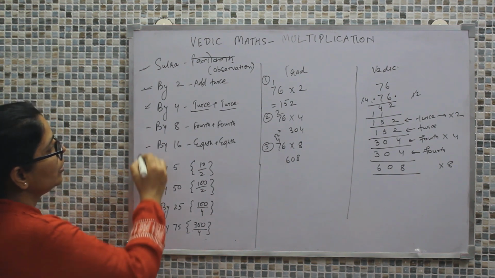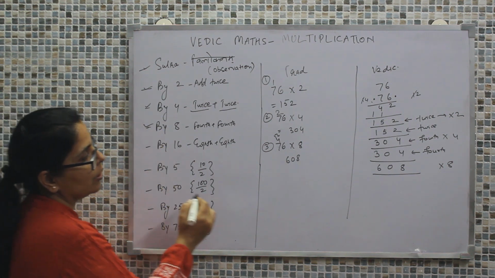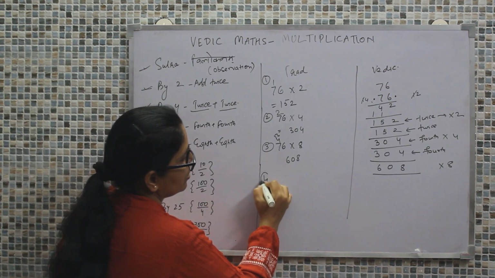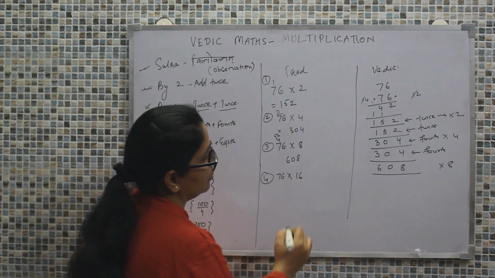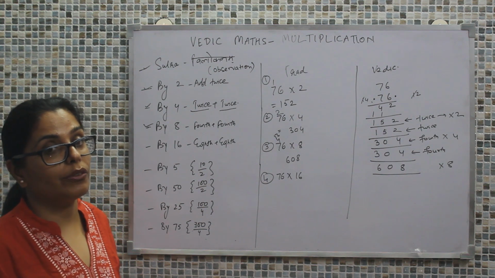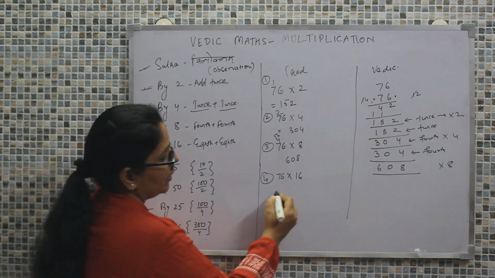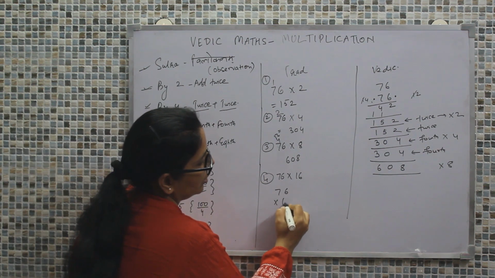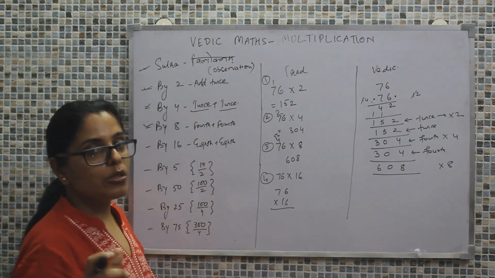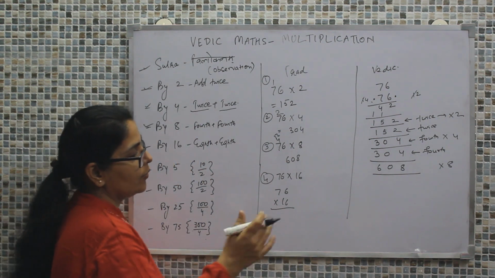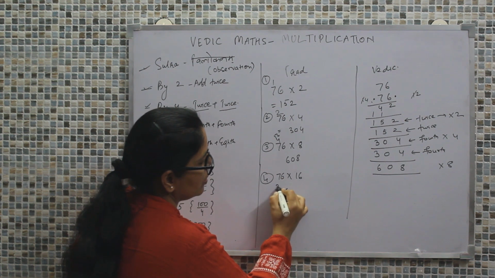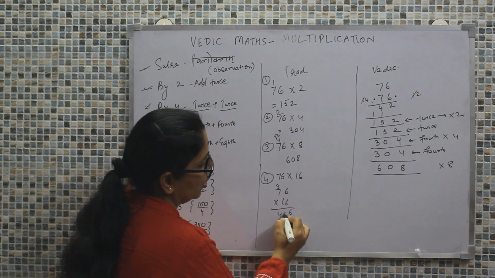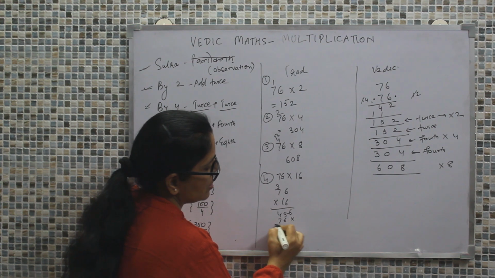Okay. Coming to the next, by 16. 16 means, let's take the fourth one. So that is 76 into 16. So as you find, this is comparatively a complicated way, because either you should know the table of 16 or you need to split 16 into 6 and 1 and then carry out the multiplication. 6 6s are 36, 42 plus 3 is 45 and 6 and 7.